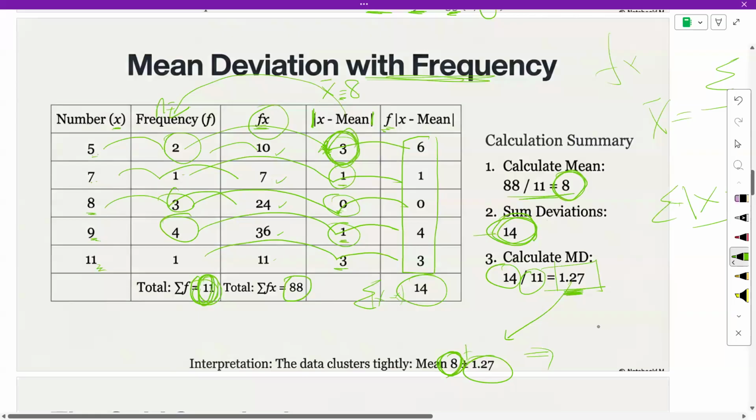The range is 6.73 to 9.27. So this is how we calculate mean deviation with frequencies. Clear? Any questions?